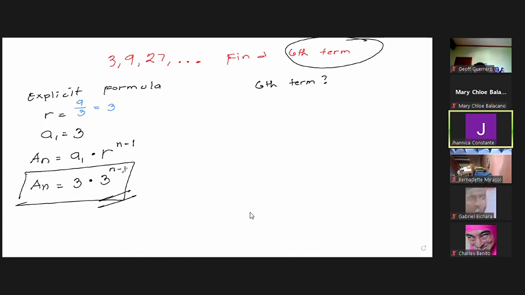Using the explicit formula that we have for our sequence, a_n equals 3 times 3 raised to n minus 1. The n in the explicit formula is the term that we are solving, which is 6. So we have 3 times 3 raised to 6 minus 1, so 3 times 3 raised to 5.